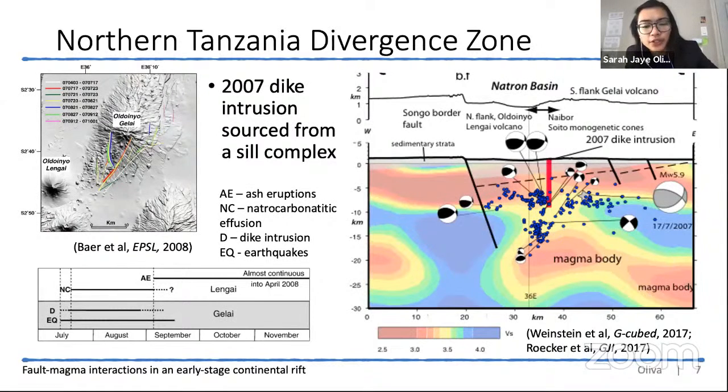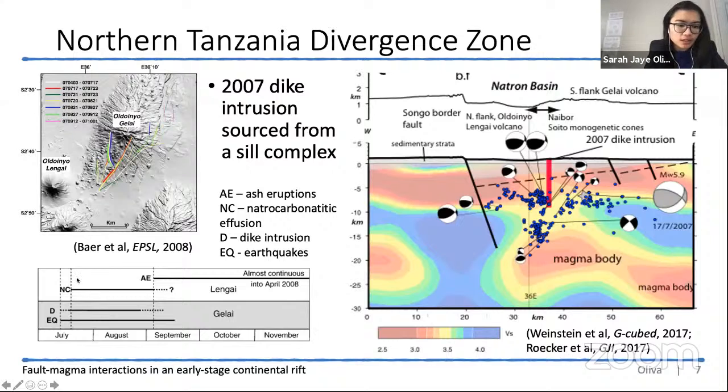Now, the same area was a host to a dike intrusion in 2007. So again, here's Oldonyo Lengai right here, and here is Gelai. And here the lines represent where dikes were mapped from satellite and modeling.